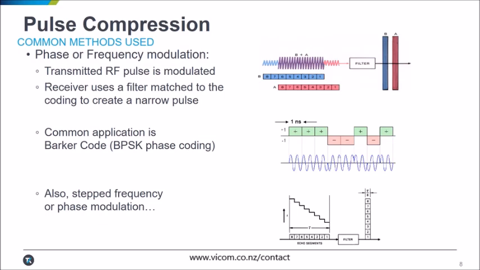Other modulation techniques can be used as well, including stepped FM, stepped PM, nonlinear FM chirps, etc. As we'll see later on, arbitrary waveform generation techniques are ideally suited for the creation and generation of these uniquely modulated and pulsed RF signals for test and characterization of modern radar and EW systems.